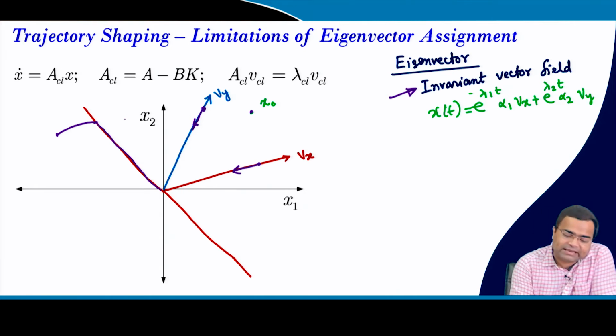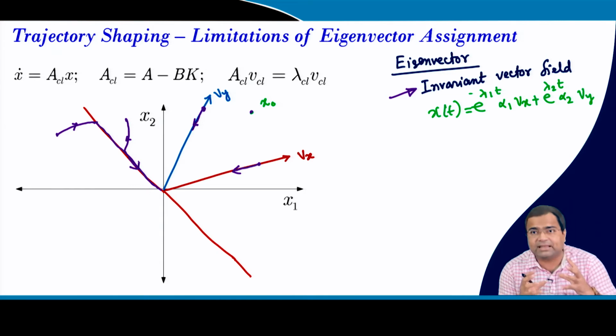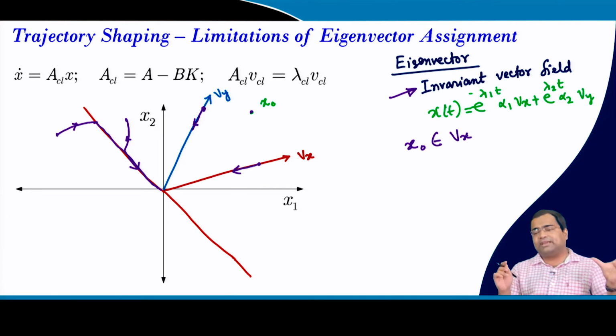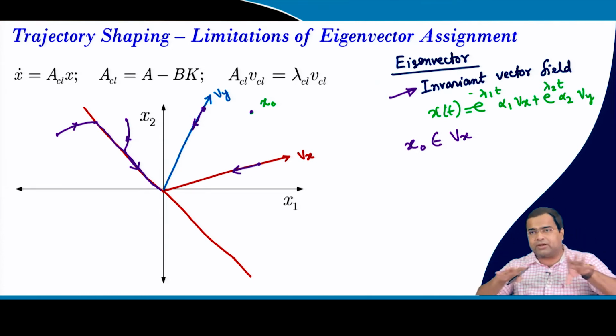Or if I take an initial condition here, it may come towards it, but once it reaches the path, it should remain on it. What does the eigenvector say? If you take your initial state along any of these eigenvectors Vx or Vy, the movement of the trajectory will be constrained on the eigenvector.